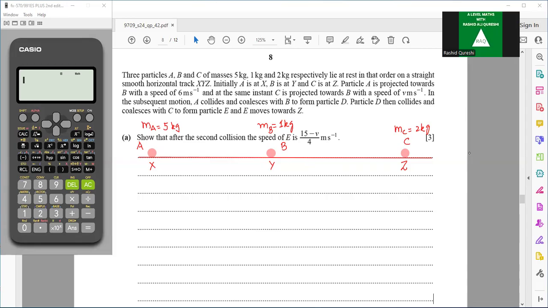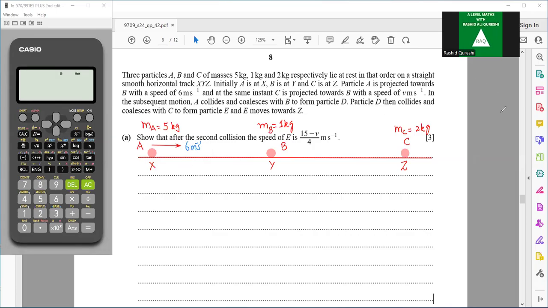So the velocity of this particle is 6 meters per second.